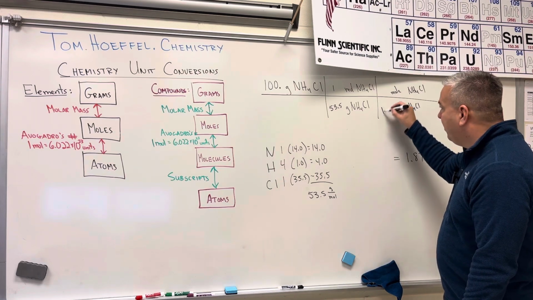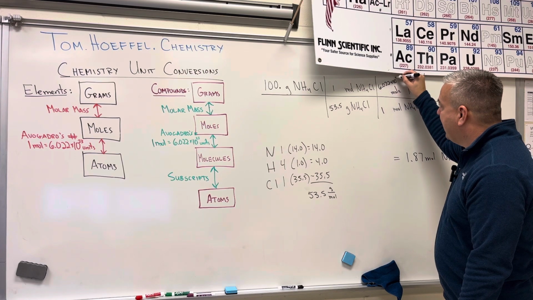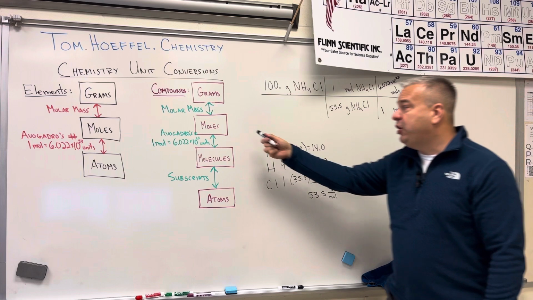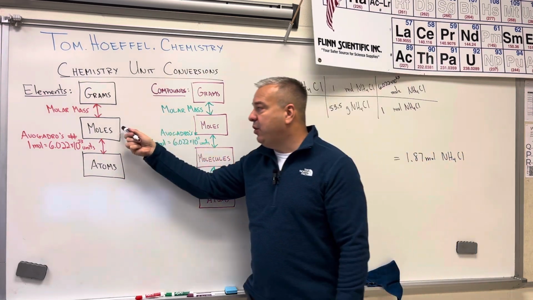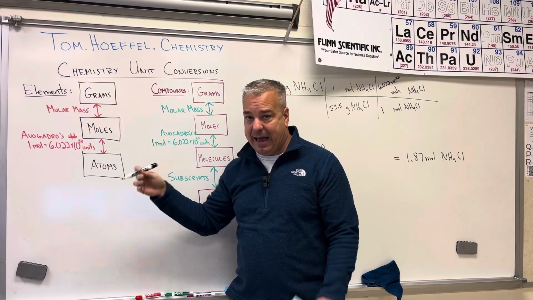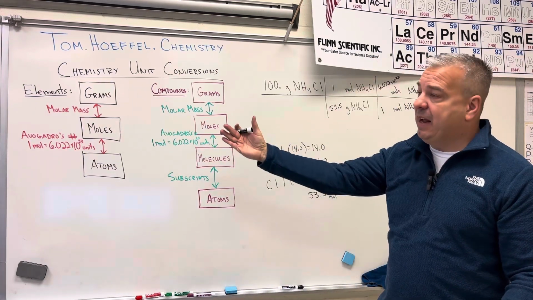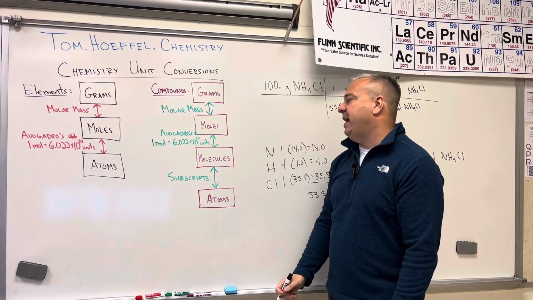For every 1 mole, you're going to have 6.022 times 10 to the 23rd units for that mole. Well, the unit for a compound is a molecule, where the unit for the element was an atom. So that's the part that you have to differentiate between elements and compounds.